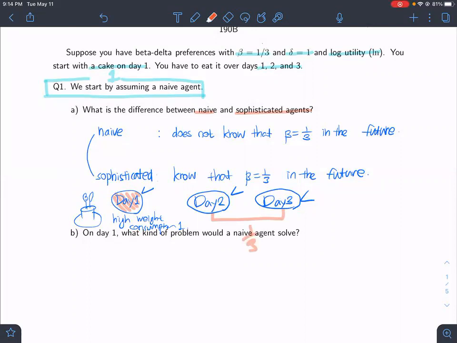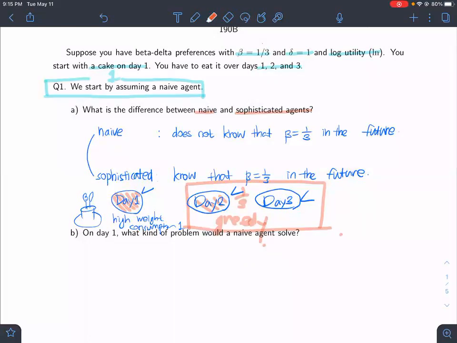So suppose that my level of happiness was 100. This has been discounted by 1/3. And now it matters how my future self will behave. Suppose that on day 2, the day 2 guy is a very greedy guy, and he will discount the benefit of day 3 by 1/3.